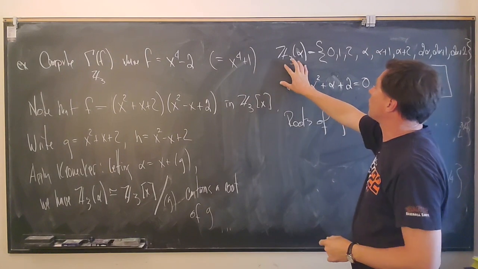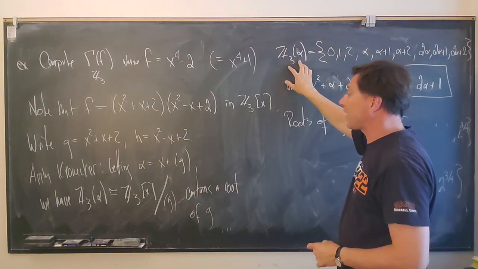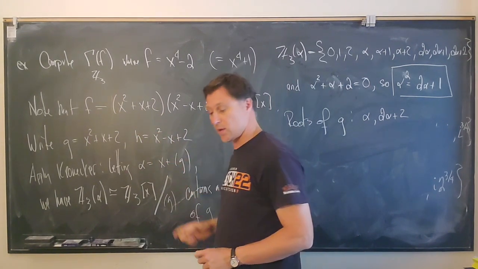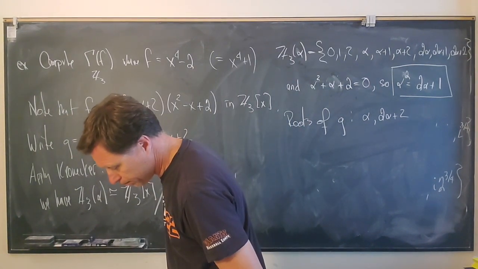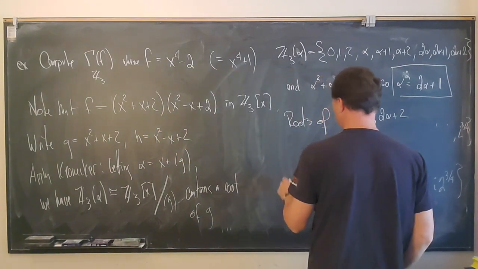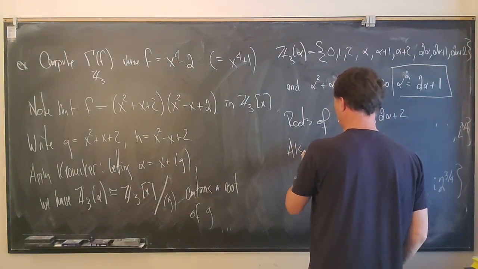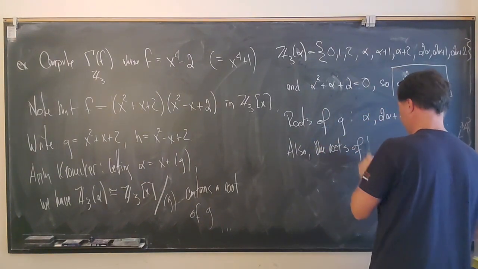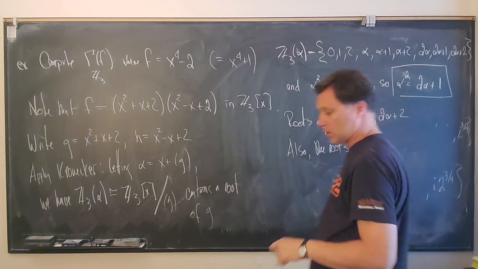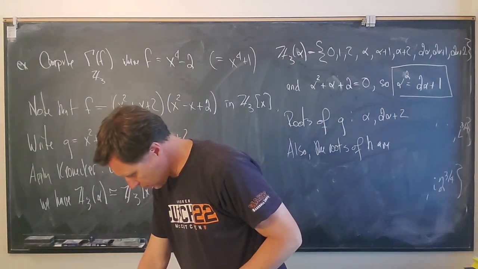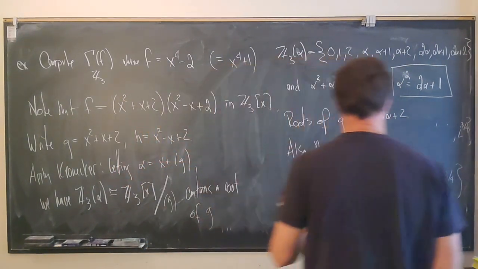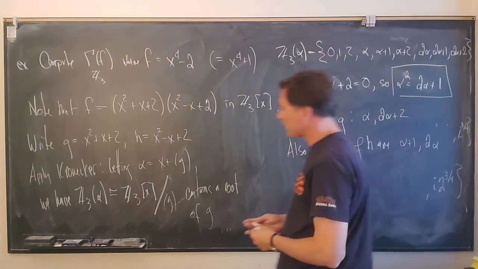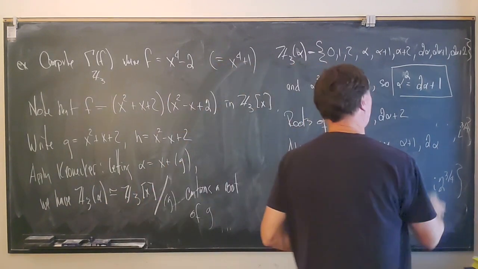So this extension right here, Z3 adjoint alpha, contains all the roots of G. It turns out that it also contains all the roots of H. So also, the roots of H turn out to be alpha plus 1 and 2 alpha. So that's nice. We don't need to extend any further, right?